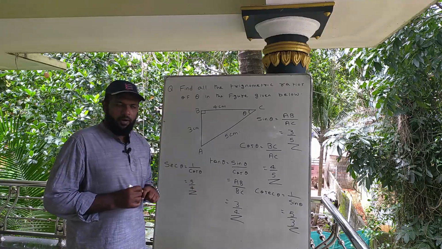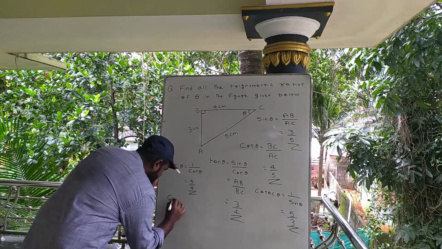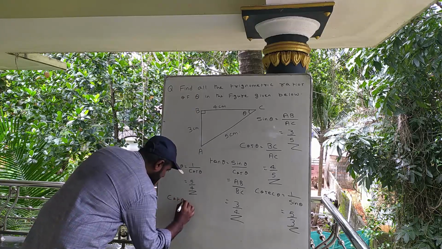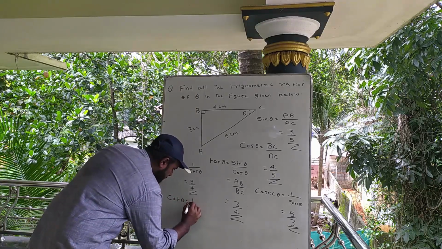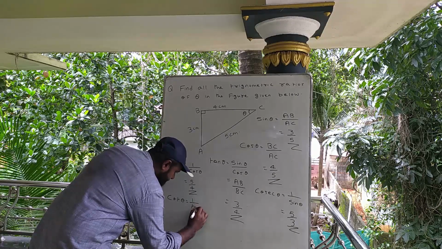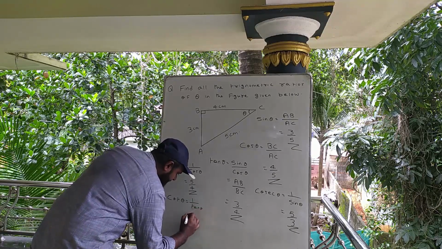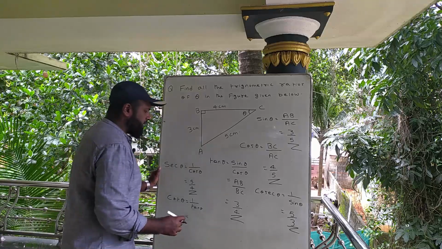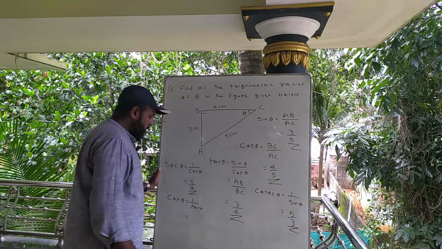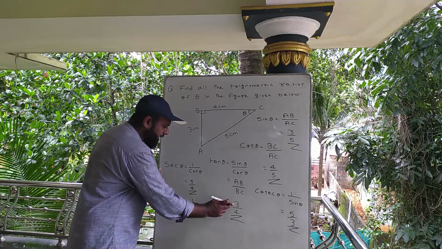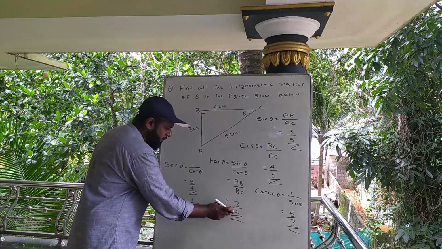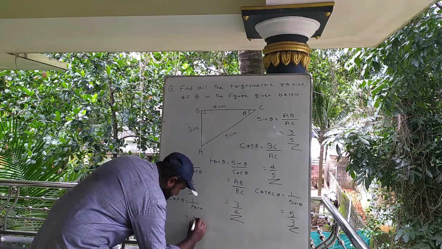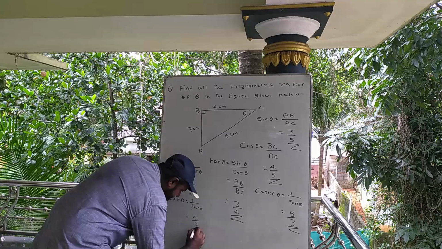Next we can find what is cot theta. Cot theta equal to 1 by tan theta. What is tan theta here? 3 by 4. Cot theta is the reciprocal of tan theta, that is the reciprocal of 3 by 4. So, cot theta is 4 by 3.